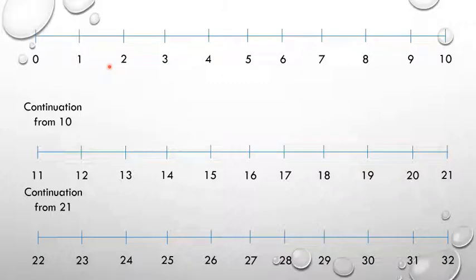Basically, we included one. So what happened here is we added 0 plus 1, that's why we moved to 1. 1 and 1 will be 2, 2 and 1 will be 3, 3 and 1 will be 4. So addition is basically an increase of one or more steps.